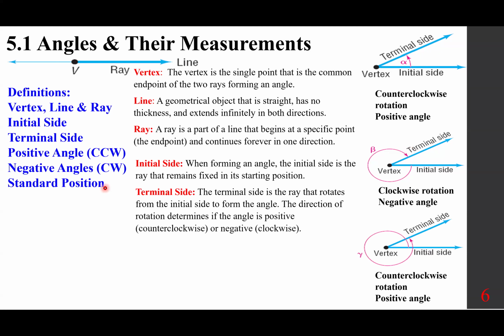Now, what about standard position? The initial side is always along the positive side of the x-axis. So theta is in standard position, and the reason theta is positive is that we are going counterclockwise.